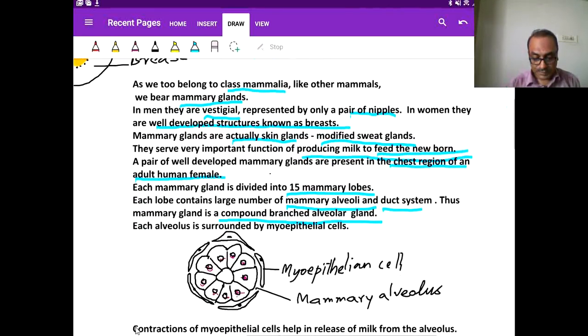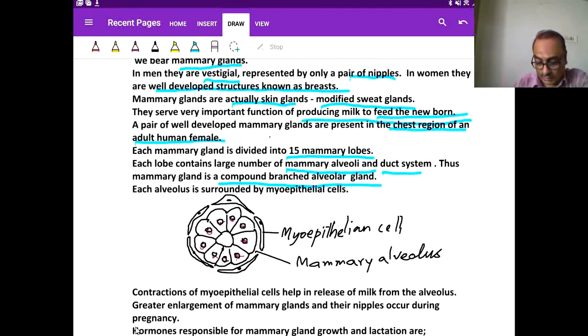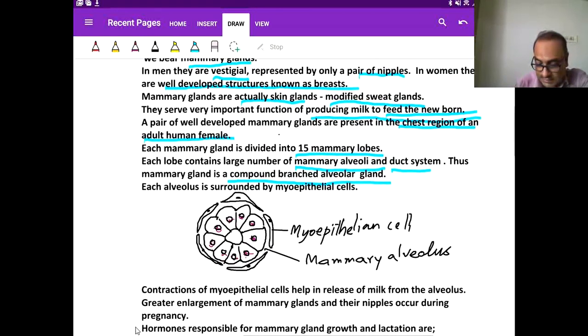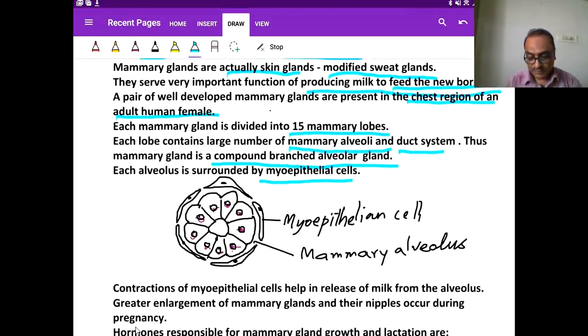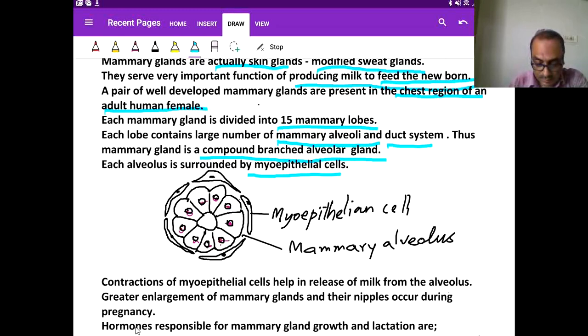Then, each alveolus is surrounded by, as I told you, myoepithelial cells. So we see here, these are the cells of the alveoli.